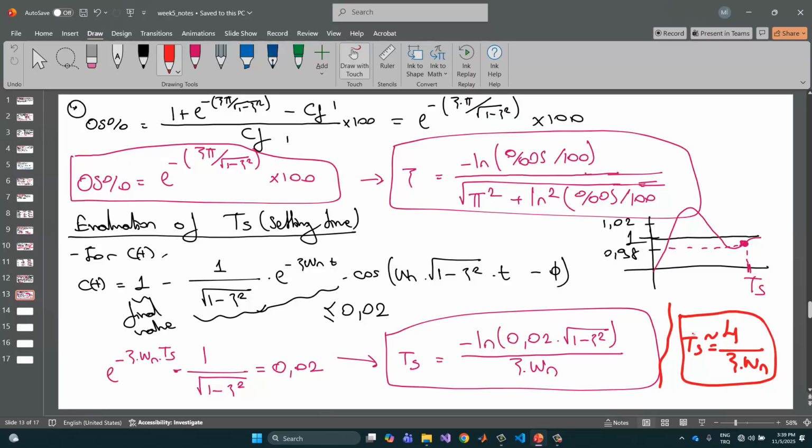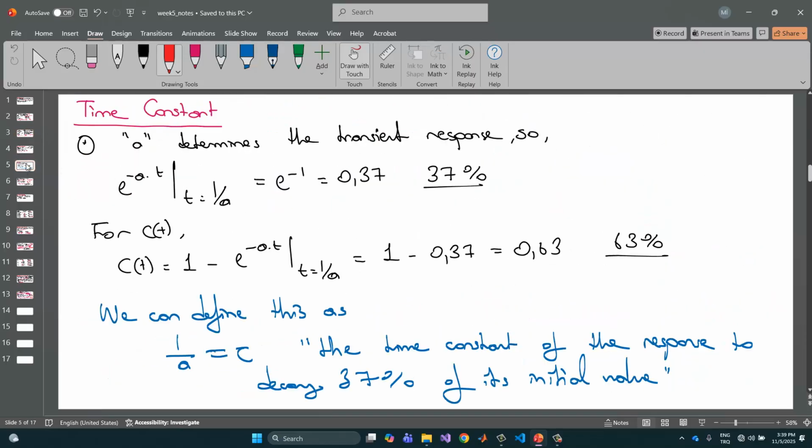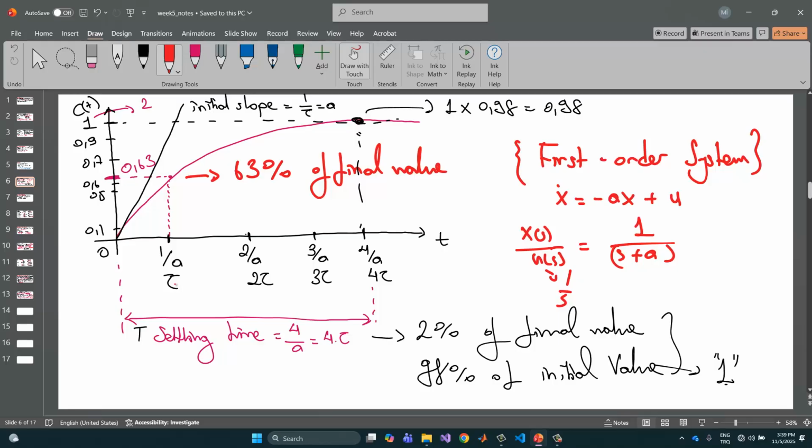In the first order system, it was also so. You don't have any settling time computation in there because you know it from the time constant. If you have the time constant, multiply by 4 and you get it. Because we know it in the first order system, 1 divided by a, or tau.